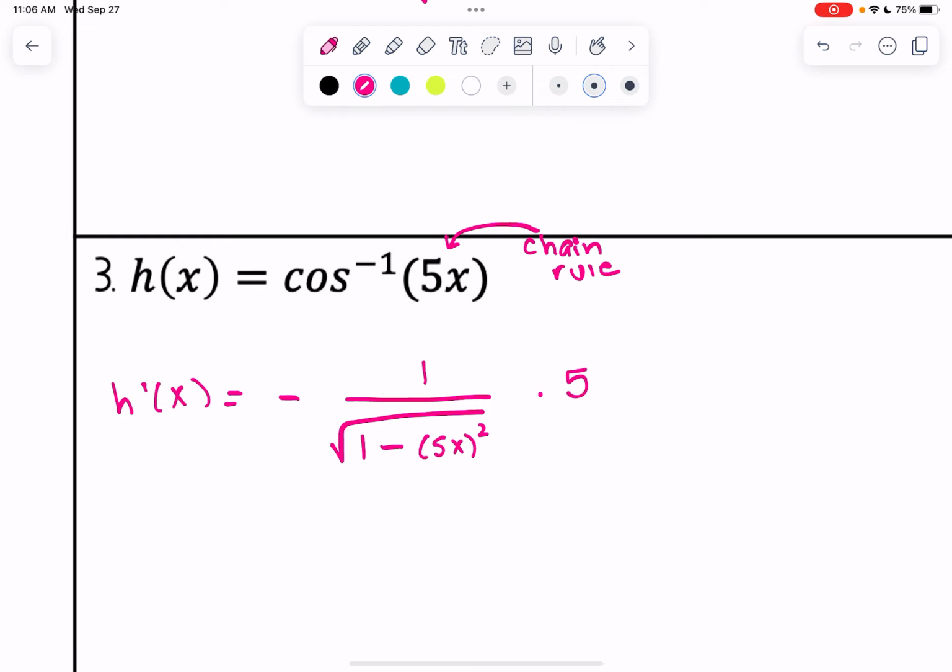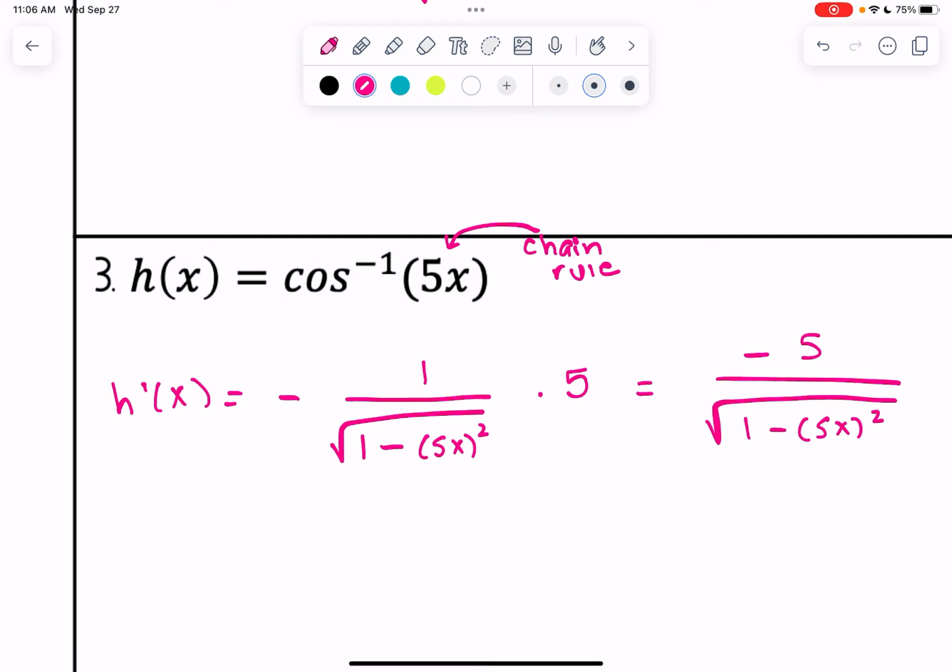But we have to multiply that by the derivative of the inside, so times 5. And here's what our answer looks like. Okay, you could choose to simplify that in the denominator if you'd like. I'm going to leave it just like this. Focus more on the derivative part rather than the algebra simplification in this video.